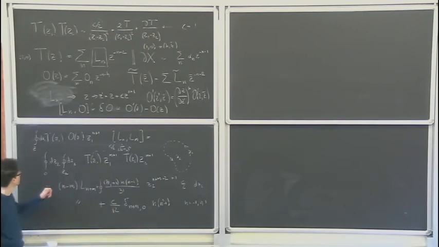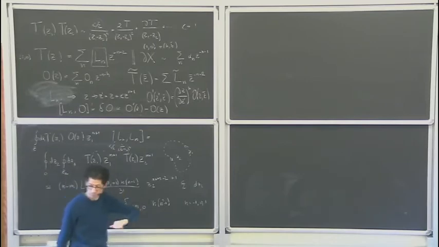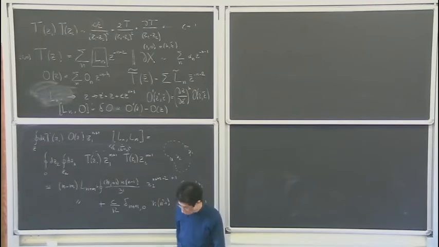You can see that the commutator of L1 and L0 is L1. It's a group that is closed, and it has no anomaly. So this will come back in the next lecture.